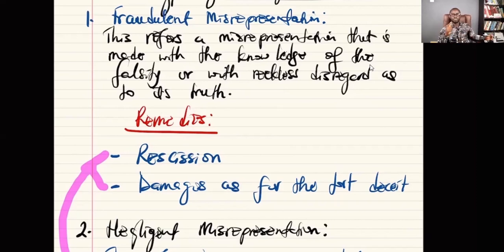Or if the woman is able to see you, then the woman can take you to court and can sue you for the tort of deceit, so that you will be able to pay back whatever 2,000 cedis he has paid you, and any legal fee that he has incurred in taking Casapreco to court, and any other damages that the court will see fit for the particular scenario and circumstance.